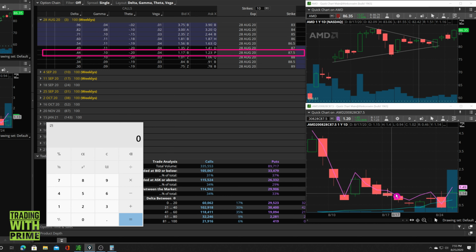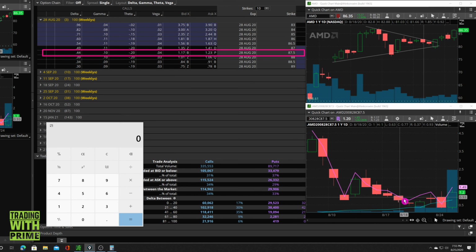Now, why is that? If the option today is worth $120, why is it that the share price ran up, but the option stayed the same? That's because of theta, time decay. And so that's something to consider when you're purchasing your options.